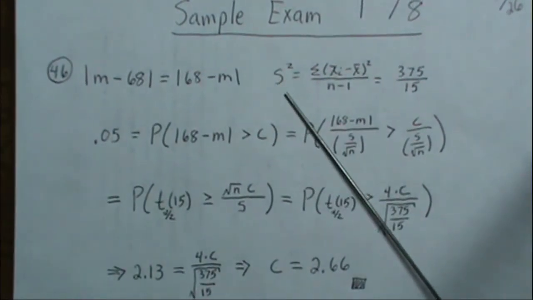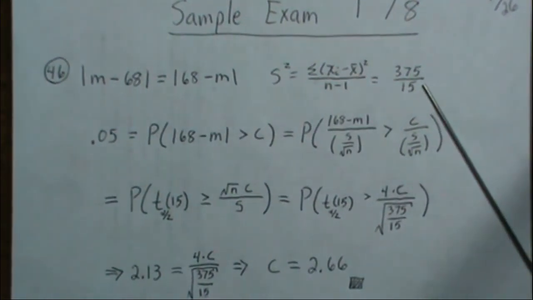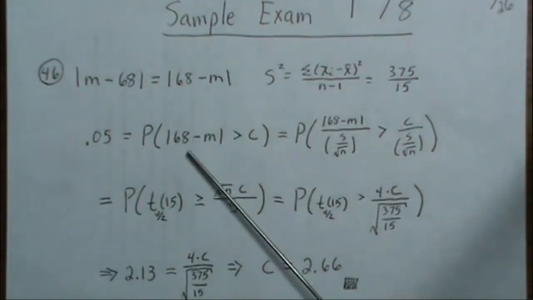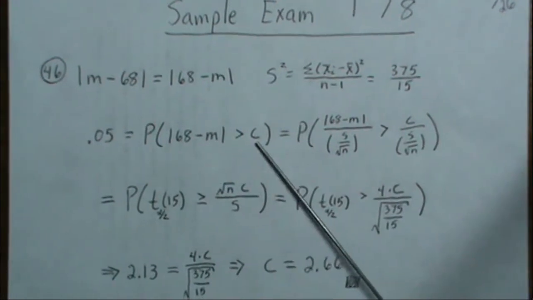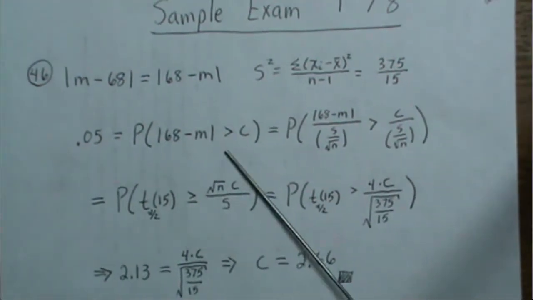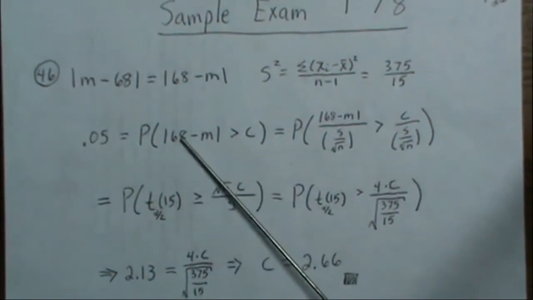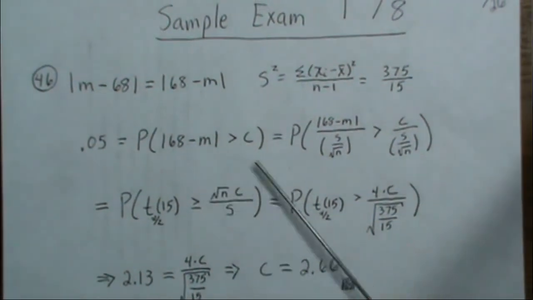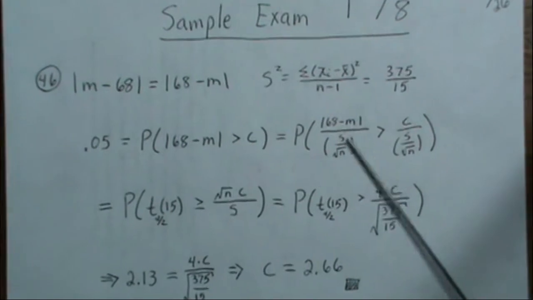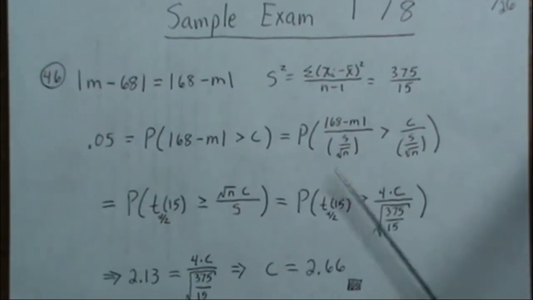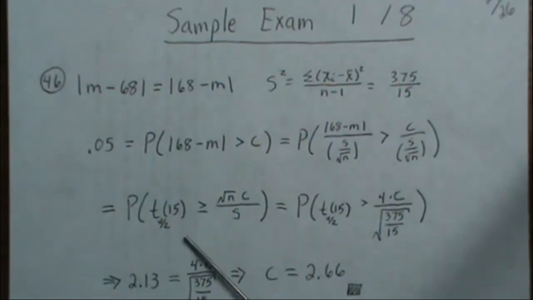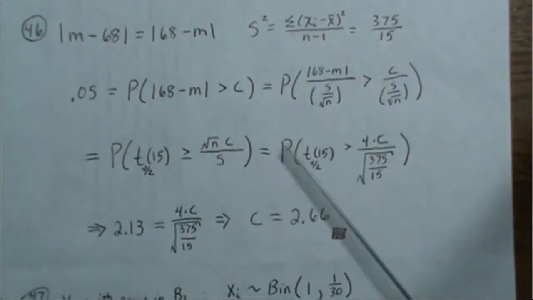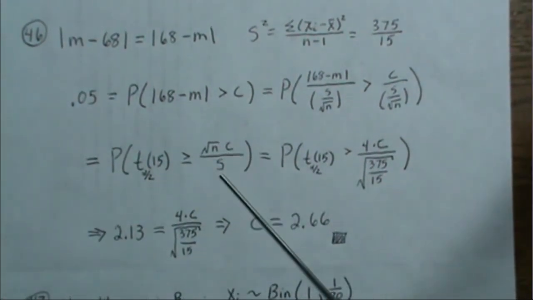So the sample variance is this. So we want to know the C that makes this 0.05. Well, we've already subtracted the mean here, so let's divide by the standard deviation on both sides, and then this is a t-distribution with 15 degrees of freedom, and then this simplifies to that.